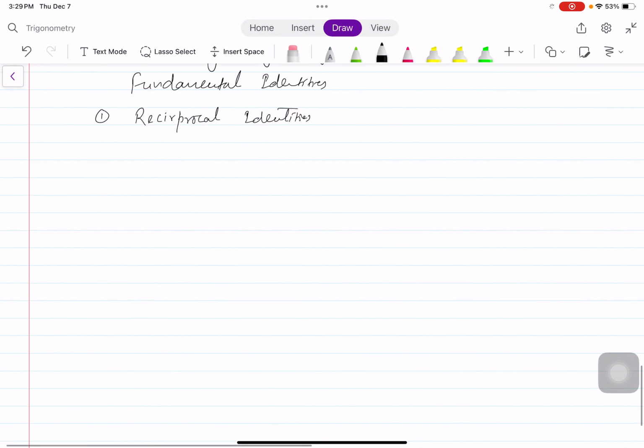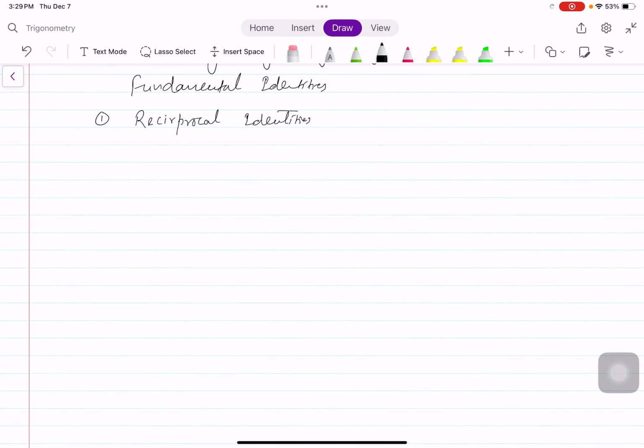Let's list them. Sine and cosecant have a reciprocal relation. This means sine theta is equal to 1 over cosecant of theta, or cosecant of theta equals 1 over sine theta.